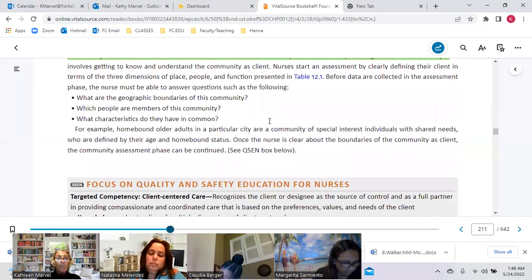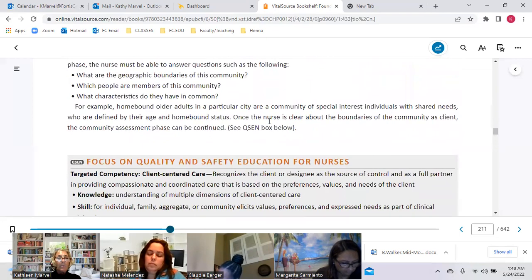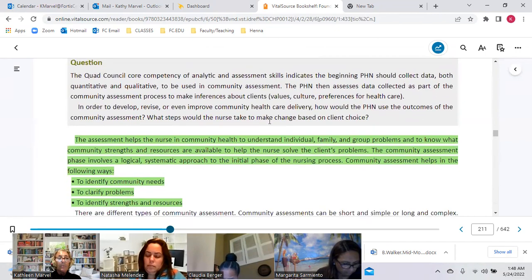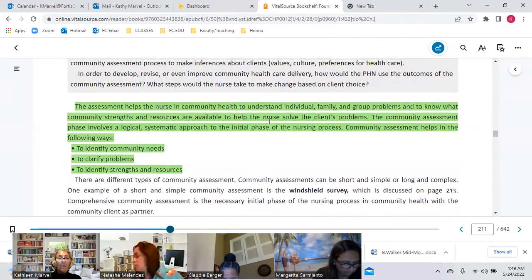Okay, what are the geographic boundaries? Who are the members? What characteristics do they have in common? Okay, and I've highlighted a little bit about what the assessment does. Helps a nurse in the community to understand individual, family, and group problems. What are the community strengths and resources?